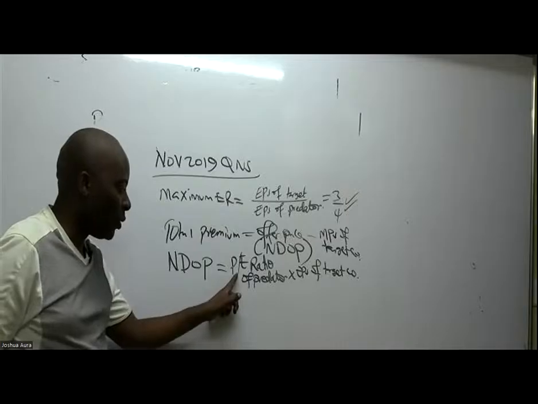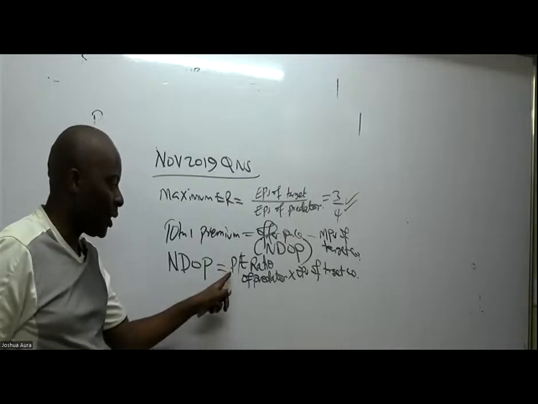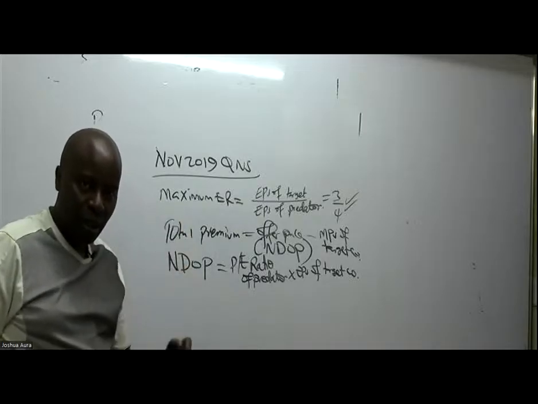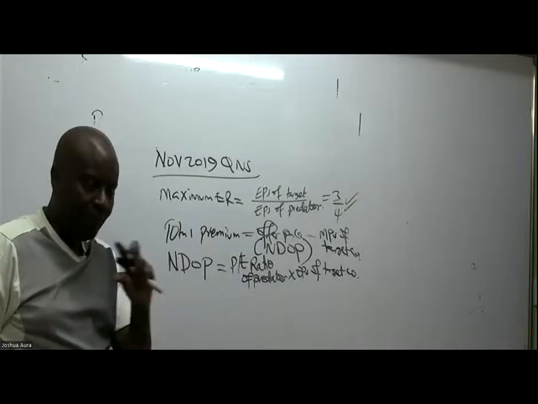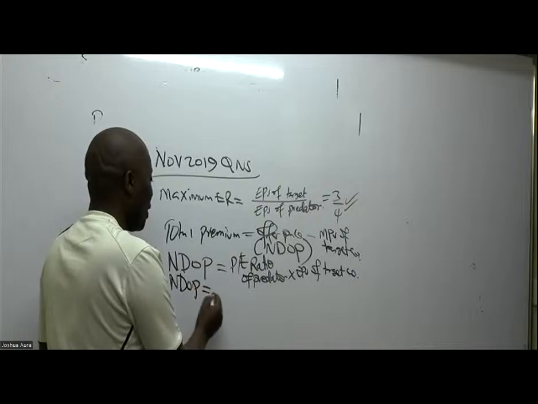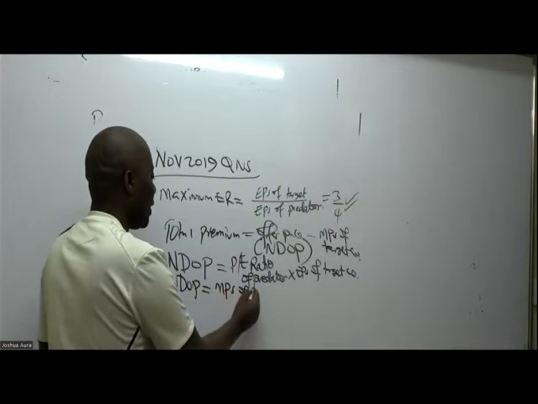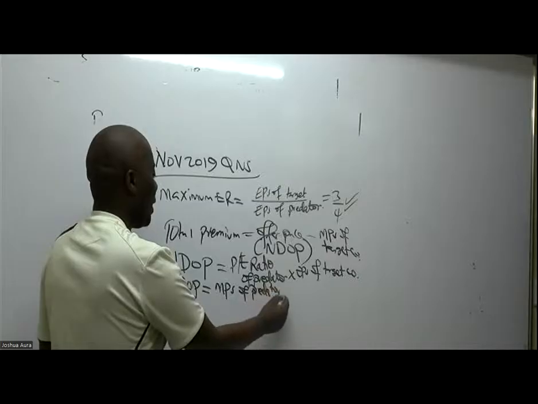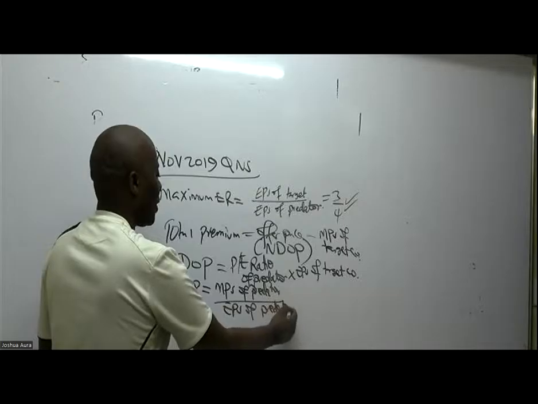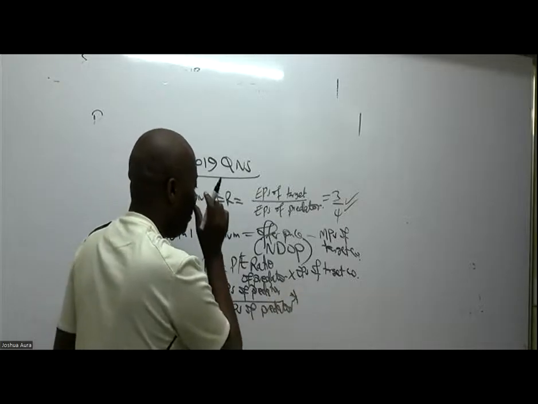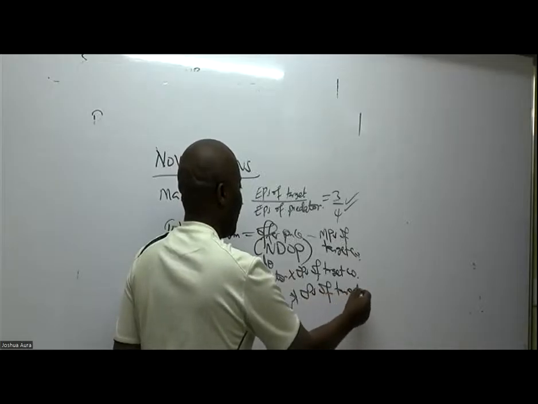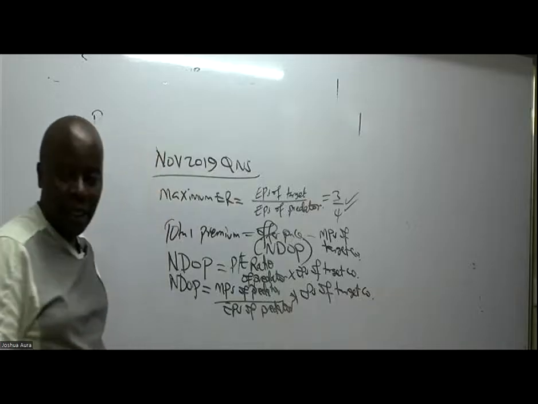I broke this down further. We said PE ratio is the same as MPS over EPS, P over E, price over earnings. So in this case, to get this DOP, we are taking MPS of predator all over EPS of predator, times EPS of the targeted company.